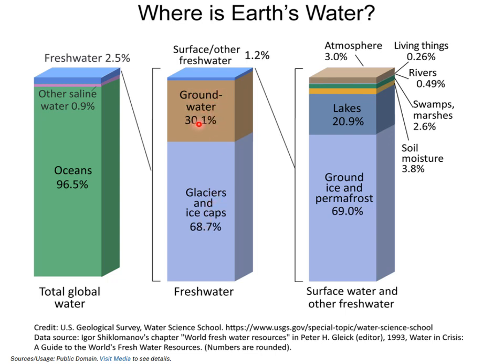Some of it's in groundwater, so this may be accessible, but it sort of depends on where it is and how easy it is to get to. And then surface water is only 1.2% of that 2.5%. So it's just a small amount. And then even that, a lot of it's ground ice and permafrost. So the amount that we can use for our purposes is actually pretty small.